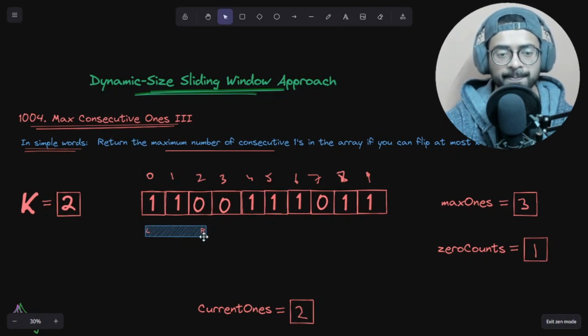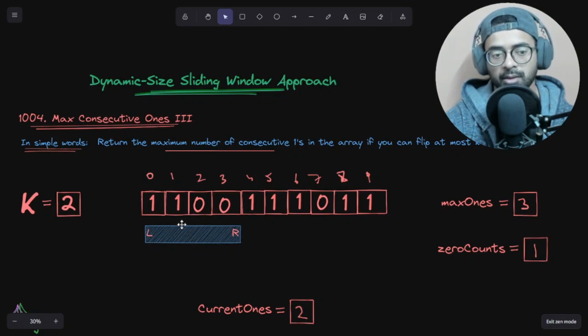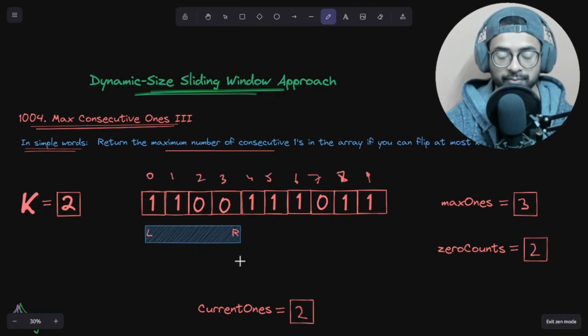Now we are going to move our right forward, and right has again encountered 0. So we are first going to update this 0 count. Now our sliding window contains 2 zeros. Ali, now it is equal to k. Will that affect our sliding window? No. Why?